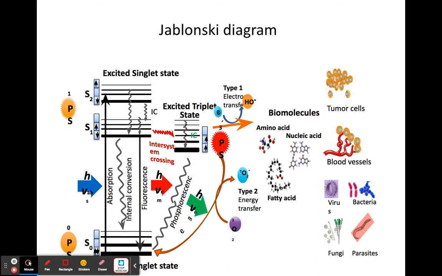These are very reactive oxygen species that can attack all known biomolecules, amino acids, proteins, nucleic acids, fatty acids, and they can basically kill everything, including all kinds of pathogens. But mainly today we're going to talk about bacteria, a little bit about fungi.